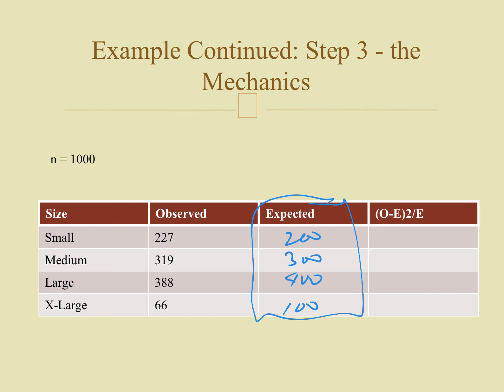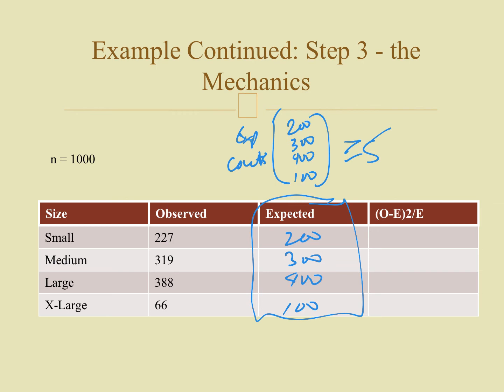I didn't fill it in on the conditions on the last slide, but this column we would list in our conditions, noting that these are the expected counts and these are all greater than or equal to 5. That verifies the second condition. These values also become the important part for calculating our test statistic, which is our next step.